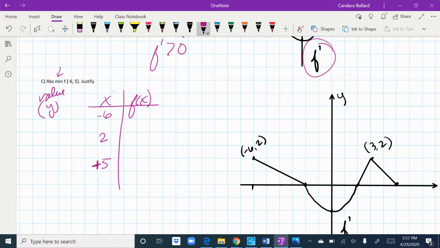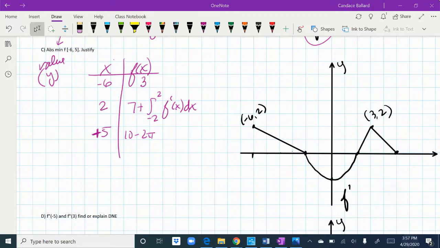So we know that -6, because we evaluated it before, was 3, and we know that this one is 10 minus 2 pi. So all we have to do is evaluate the 2. I'm going to use that same kind of formula from before. I need my initial condition, which was 7. And then I need to integrate from the -2, which was my initial condition, all the way to 2 of f prime of x dx. Well, that means I need to go over here to my graph. I know that all I'm getting this time is my semicircle that's underneath.